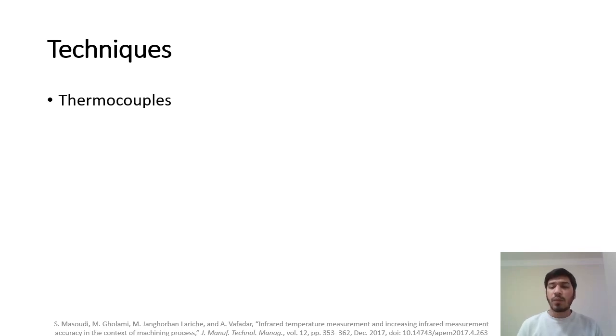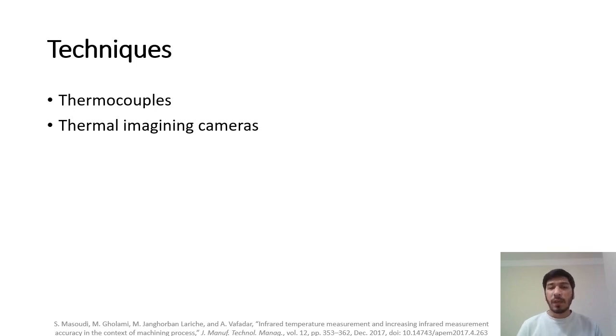They're not so prominent, but still sometimes, because of the dynamic nature of machining, it is easier to use thermal imaging cameras. But if you read the literature, you will see there are questions regarding the repeatability of thermal imaging cameras.